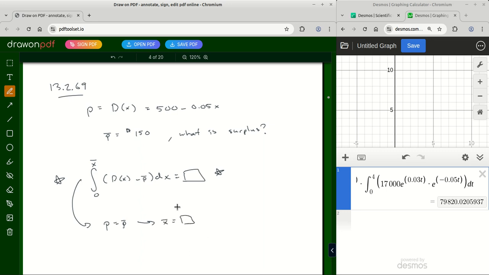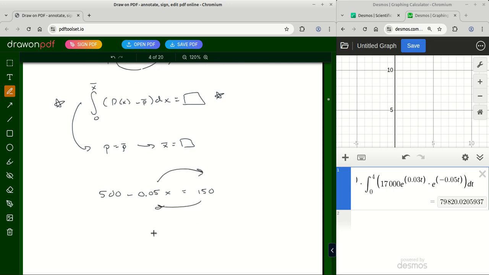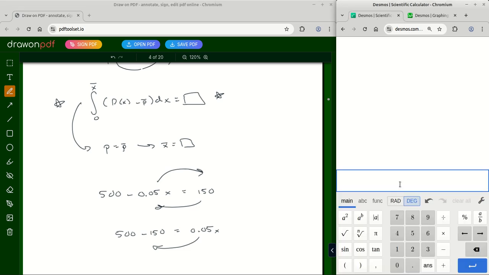So we have to do a little bit of math first. Basically, they're saying when are these two equal to one another, and that would be my average. So 500 minus 0.05x is equal to 150, and I need to solve for x, and that would be my x bar. So I'm going to move this over and move that over. I essentially have 500 minus 150 is equal to 0.05x, divide, and let me find out what that would be. 7,000.